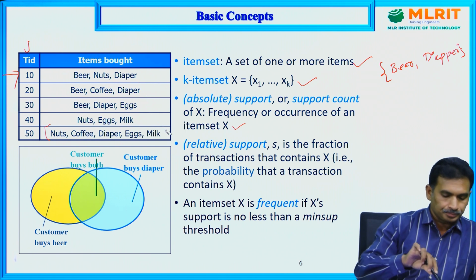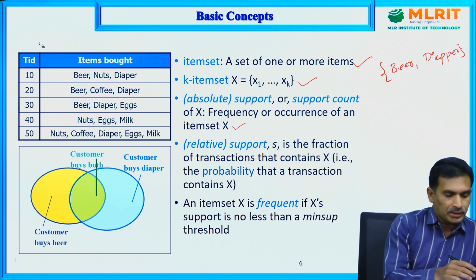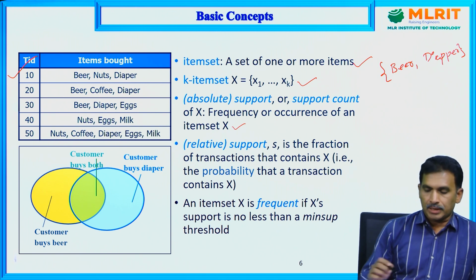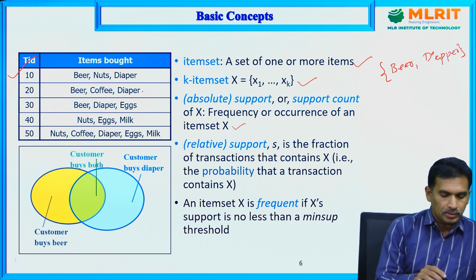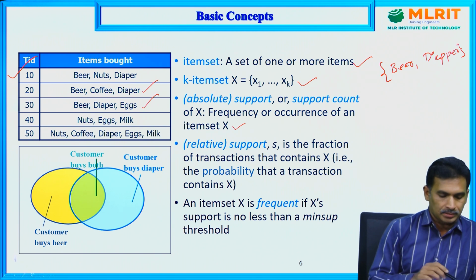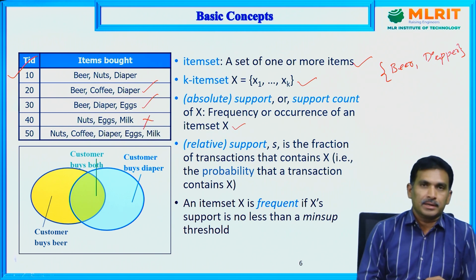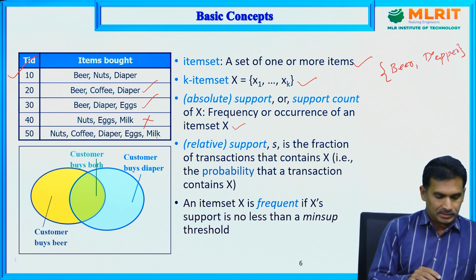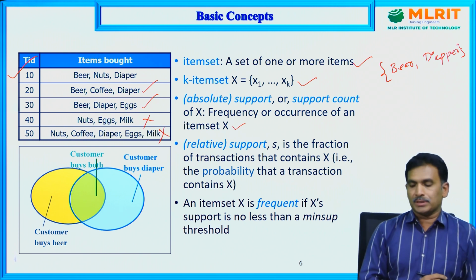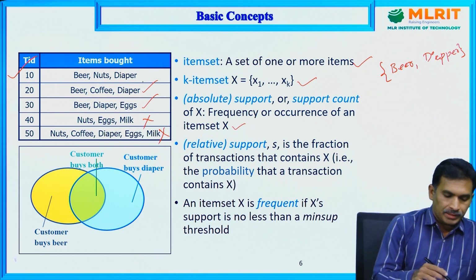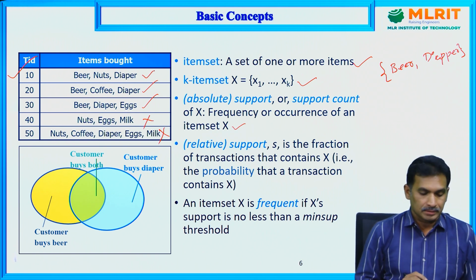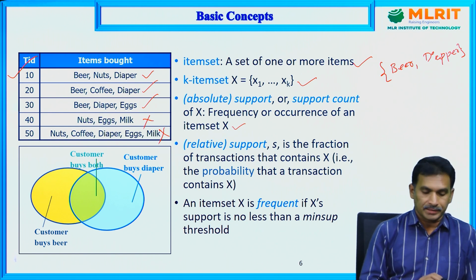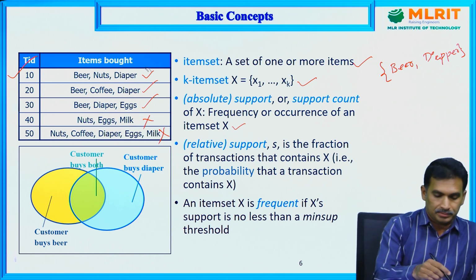The first transaction has the items beer and diaper, the second also has beer and diaper, the third also has, but this transaction does not have the item set beer and diaper, and this one also does not. So for the item set beer and diaper, the support count is 3 out of 5 transactions in this transactional database.